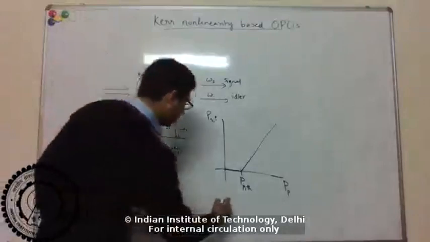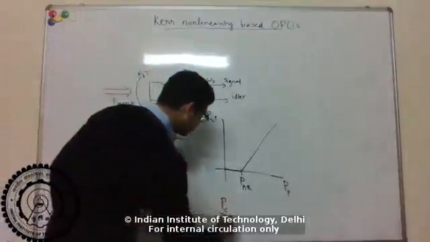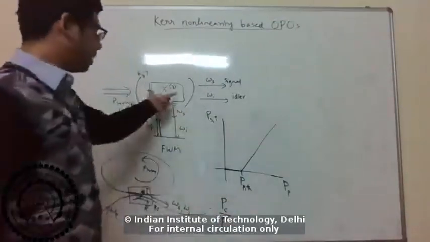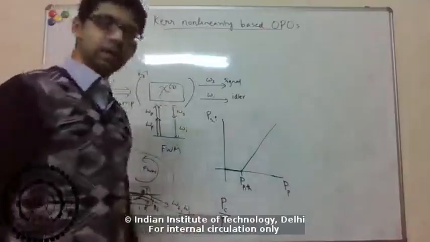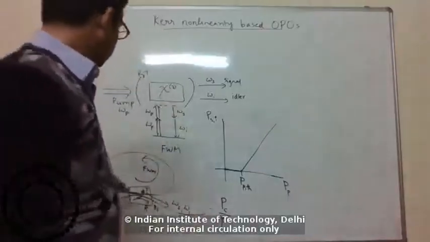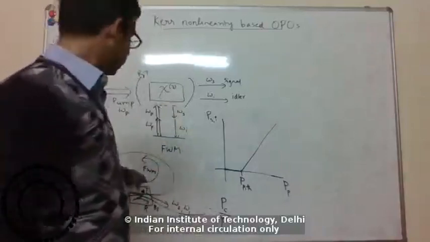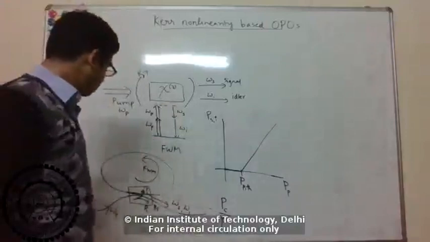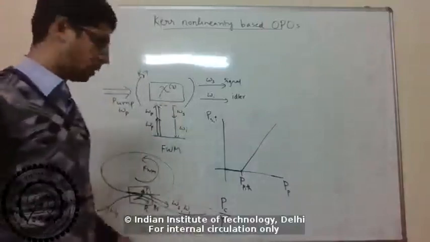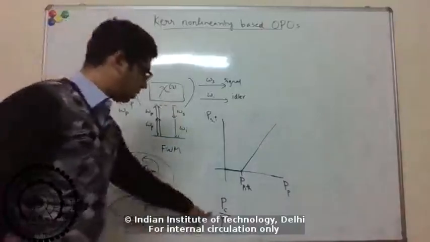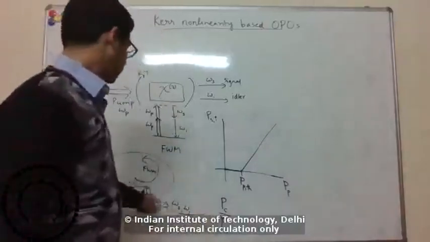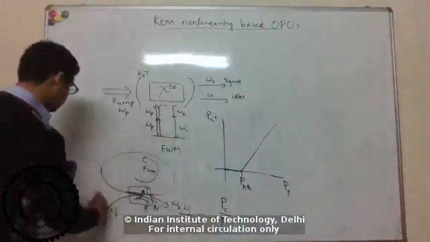In the last class, for both the Fabry-Perot cavity and the ring cavity, we had calculated what is the intensity enhancement inside the cavity as compared to the intensity which is sent in at the input, or equivalently the power enhancement. So P_C is the power in the cavity, and P_in is the power sent in here.